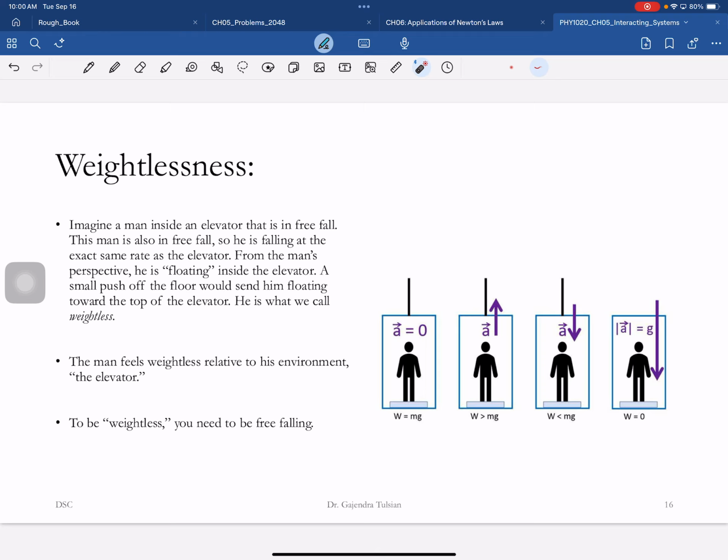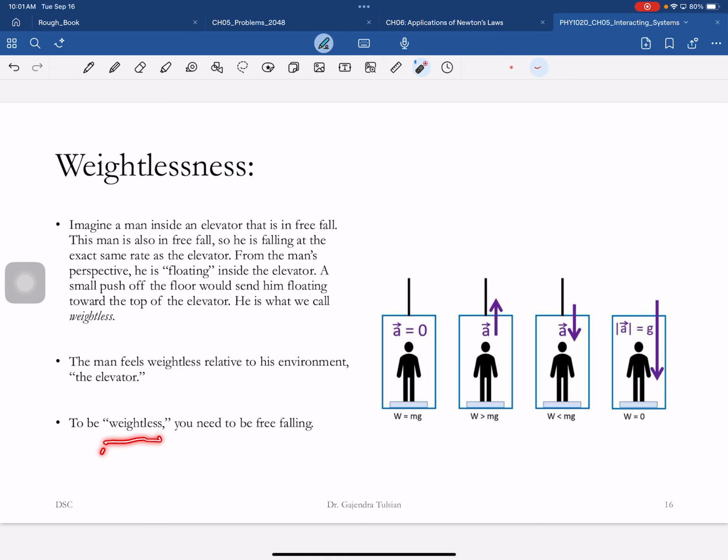If you jump up in such an elevator, you'll just go to the ceiling, the same as in the videos of people in the International Space Station, for the 2 or 3 seconds that the ride lasts. The man feels weightless relative to his environment, which is the elevator.